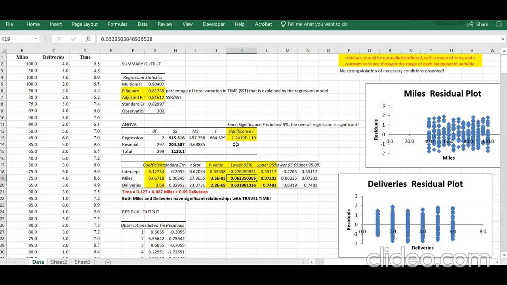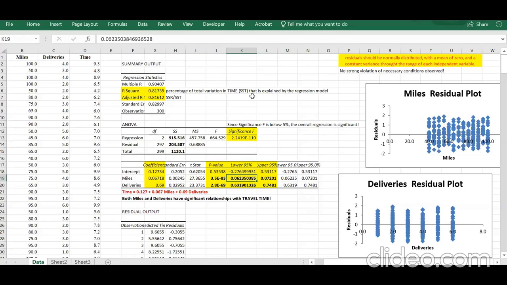And we also check the significance of the overall model by checking the significance F. And we also can find the R squared, and we can interpret R squared as the percentage of total variation in the dependent variable that is explained by the regression model. That's the interpretation of the R squared.